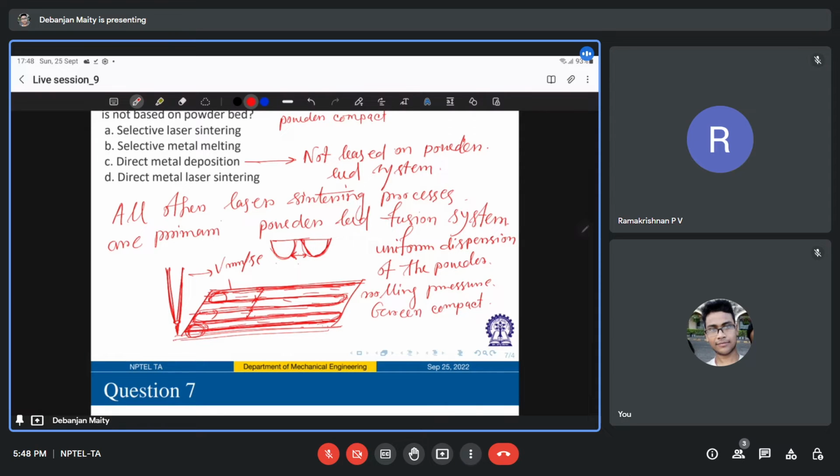Now if you are using a high heat source through the laser, your molten pool gets wider, and you can create some kind of overlap. Are you getting my point? Yes, sir. So it creates a wider melt pool.